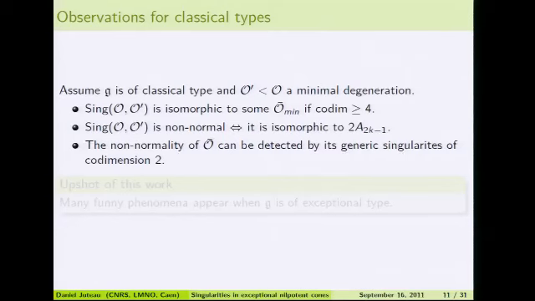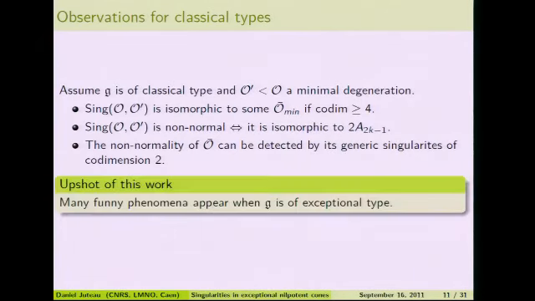Most of the time, it's either a minimal singularity or a simple singularity. But sometimes you have two branches and you have two type A singularities. Here you begin to have non-normal nilpotent orbit closures, but you can always detect them in codimension 2, and there are two branches. We had a lot of fun, and in exceptional types, you can see even many more funny things.